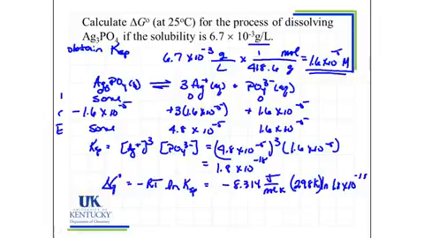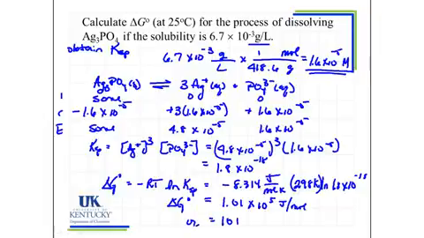This will give me a delta G of 1.01 times 10 to the 5th joules per mole. Notice the kelvins cancel, or this would be 101 kilojoules per mole.